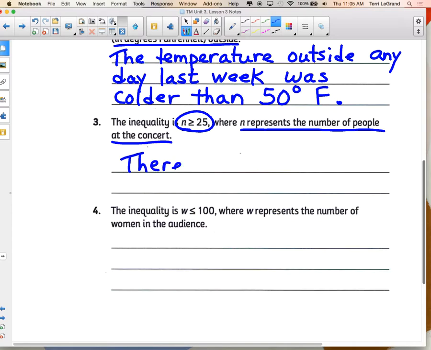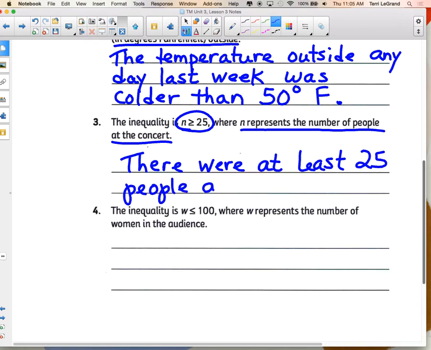There were at least 25 people at the concert. That's a small concert. So we have to make sure that when the equal to bar is there, we use words that will include that equal to bar.